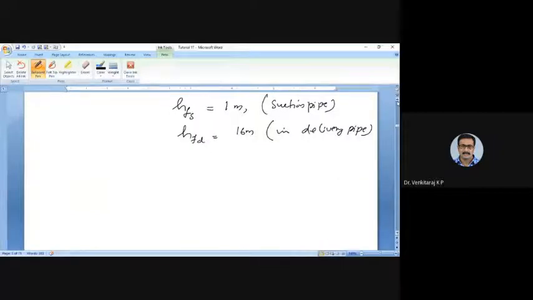Then the velocity of water in the delivery pipe, VD, is 1.4 meter per second.